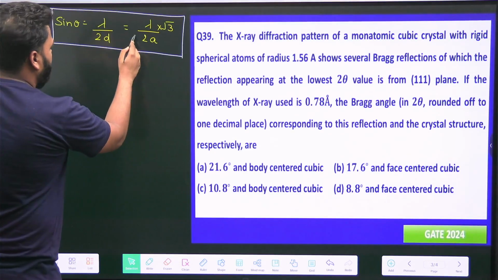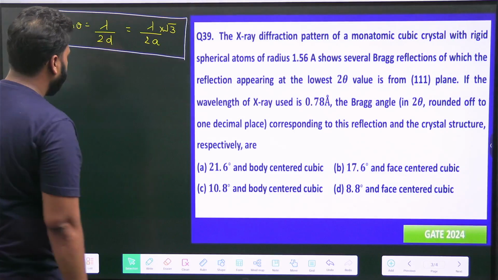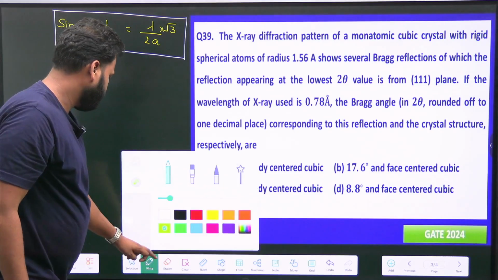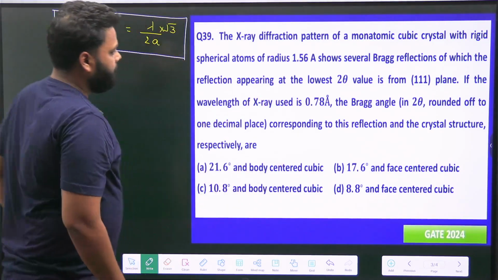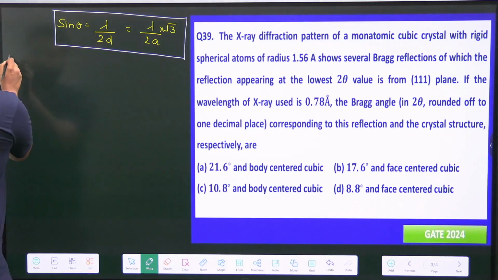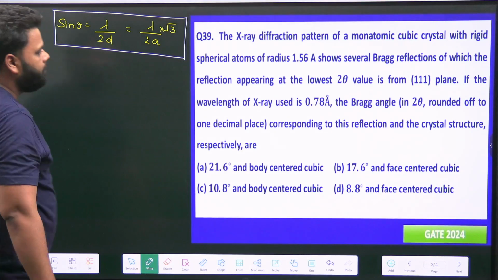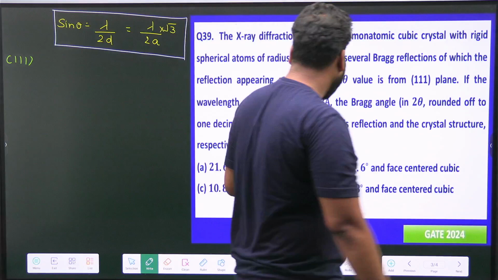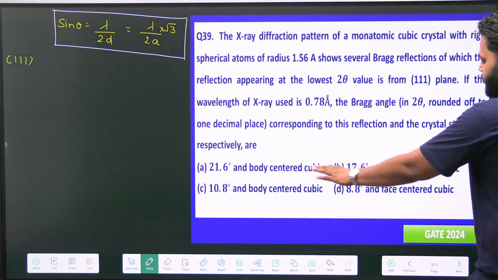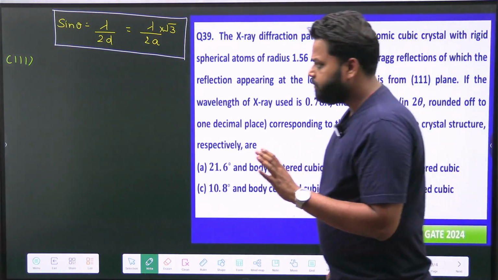Okay, so how am I saying that this is a face-centered cubic lattice? Just discuss this. The lowest peak is at the 111 plane. Now there are two options, whether it is body centered or face centered.